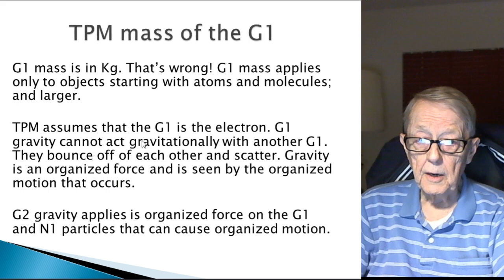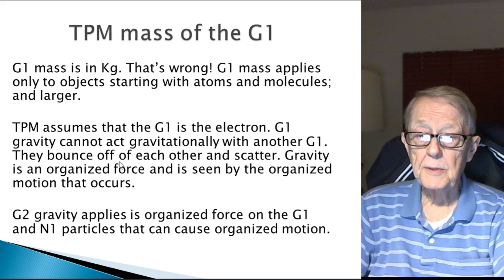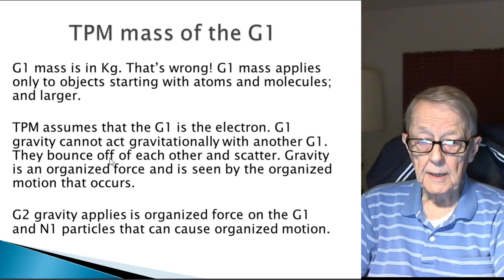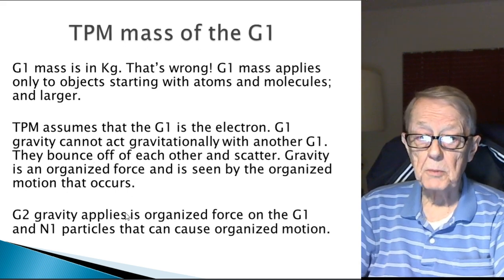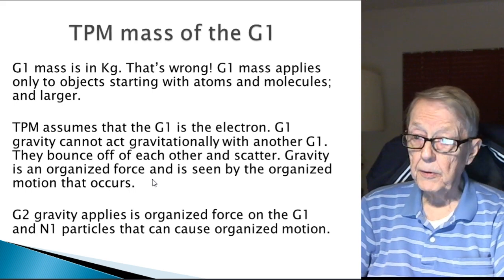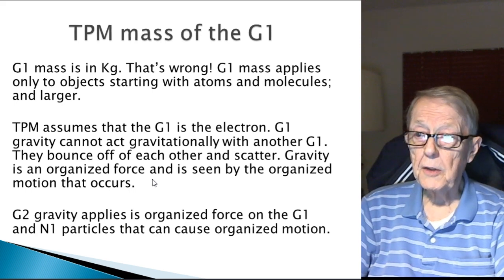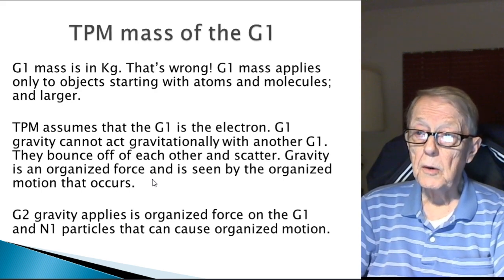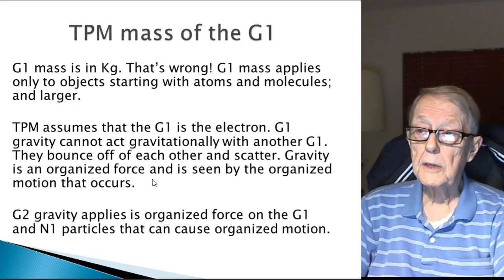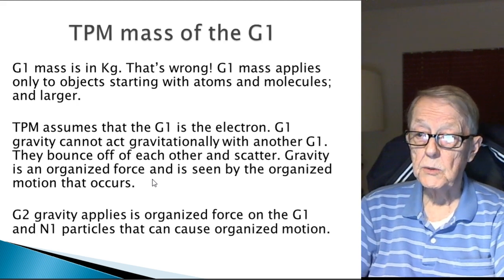But when a G1 particle interacts with a G1 particle, it scatters and you don't get organized motion. And if you saw in the video, they were able with this experiment to cause the particle, the electron, to move in a very organized way.